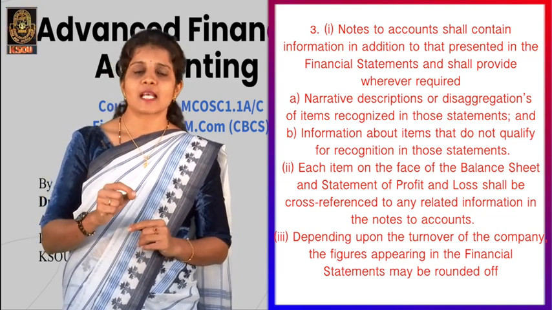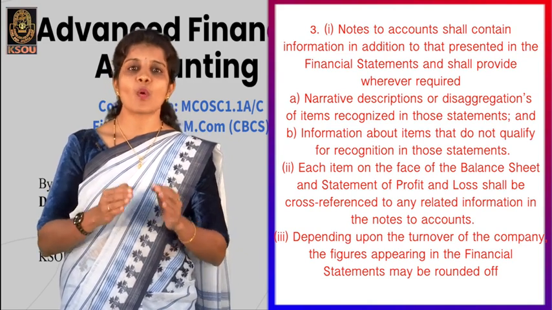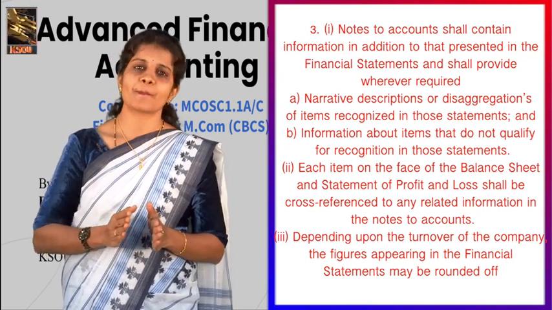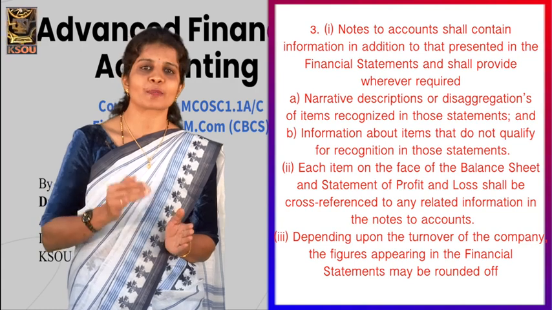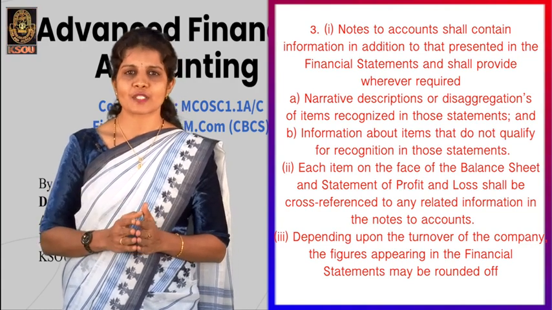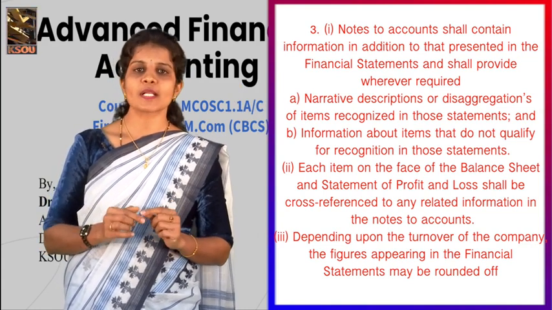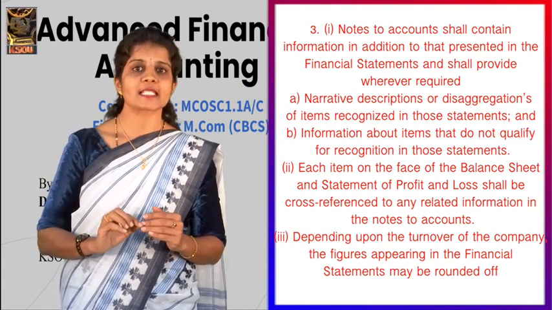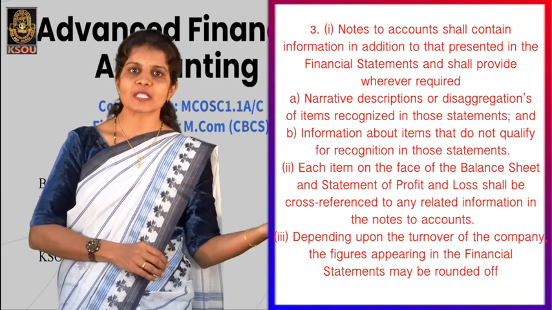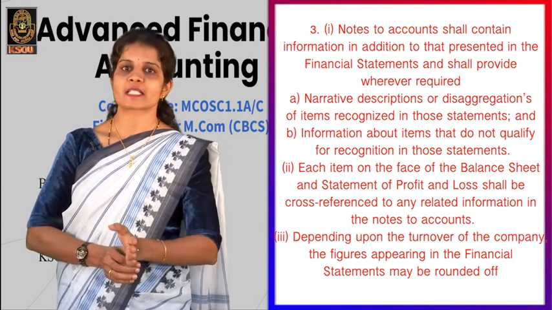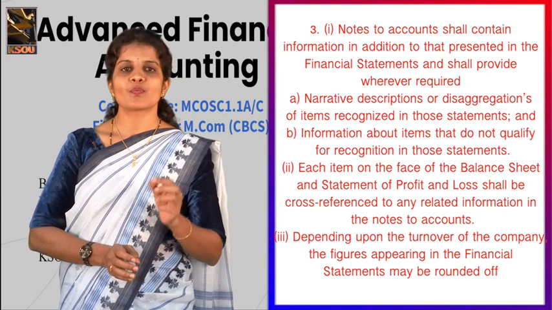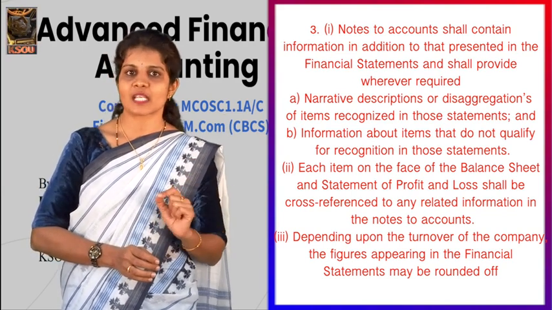So this is always to know today's company position in terms of profitability or financial position compared to the previous year, so that the stakeholders can easily understand what the position of the company was and what it is today. So this helps every stakeholder.